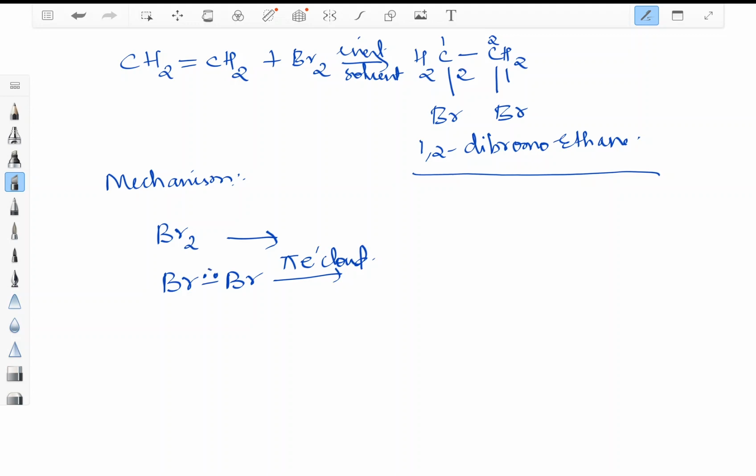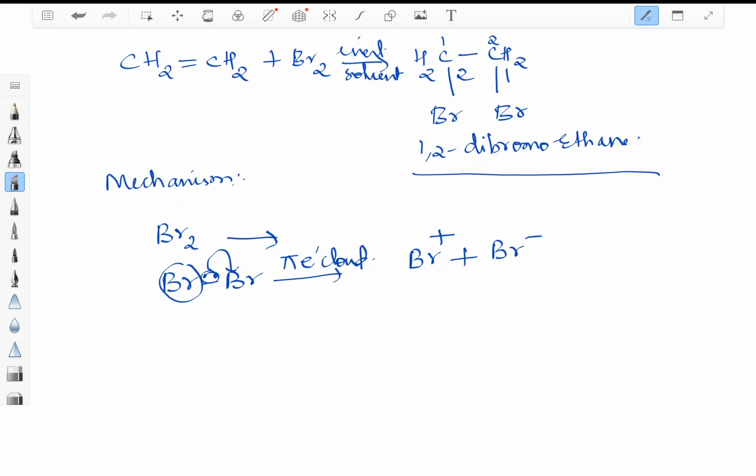These electrons get shifted entirely towards one Br atom in the Br2 molecule. One Br is losing all its electrons, so it will get a positive charge, and the other is gaining all the electrons, so it will get a negative charge.